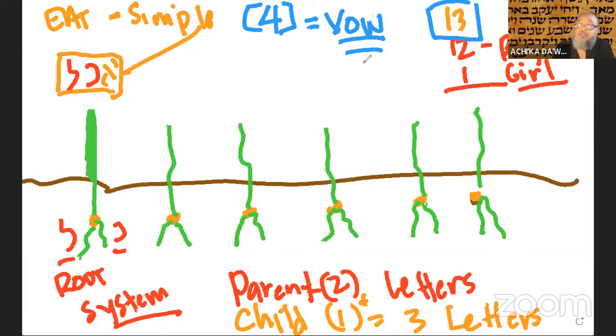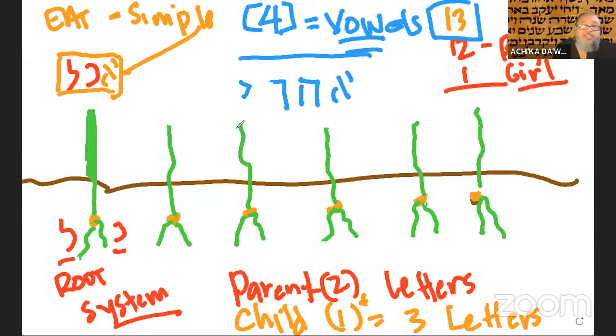So in the Hebrew language, they have 4 vowels. Do you understand? And those 4 vowels are an aleph, a hey, a wah, and a yod. These are the 4 letters that are vowels. They can be used as a vowel.